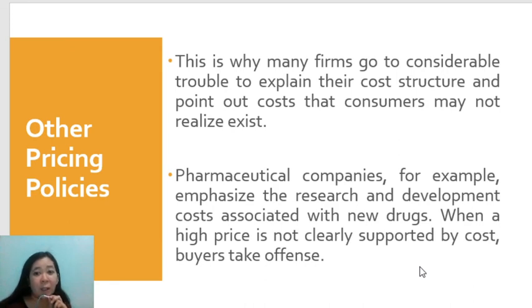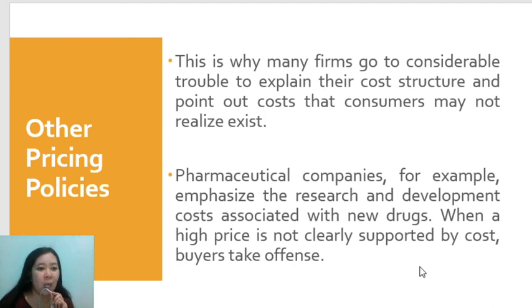Pharmaceutical companies are an example. They emphasize research and development, as mentioned earlier, so they emphasize R&D expenses. That's why they price their medicines higher. When a high price is not clearly supported by cost, buyers will take offense. But normally, price skimming and price gouging are not very common.